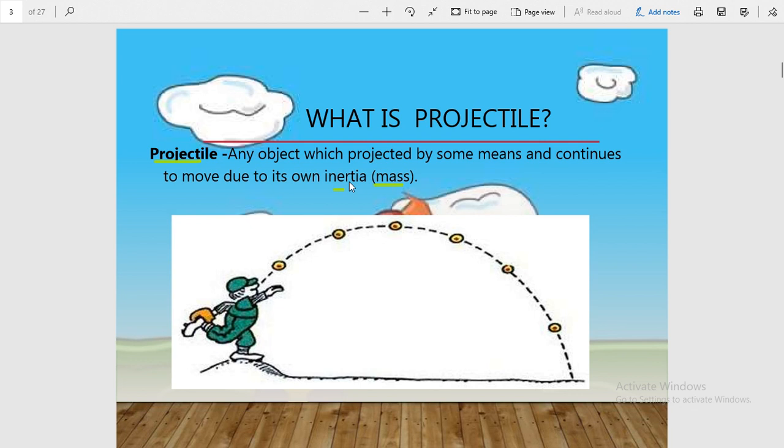So if you throw any object, except perpendicular to the earth's surface, it will move in such a way, as you can see in this figure. The object in this case is considered a projectile.